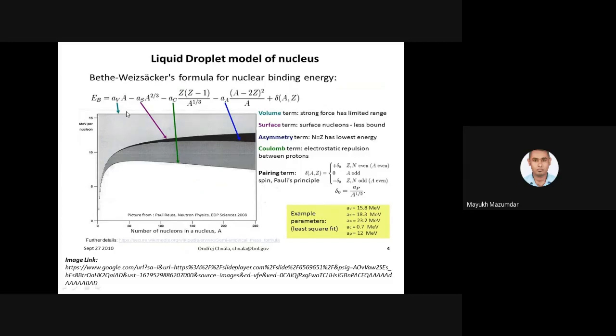We saw that A V is a constant, so it would go like a straight line. We saw that A to the power minus 1/3 has a trend like this, A to the power minus 2/3 has a trend like this, and minus 1 by A in fact.